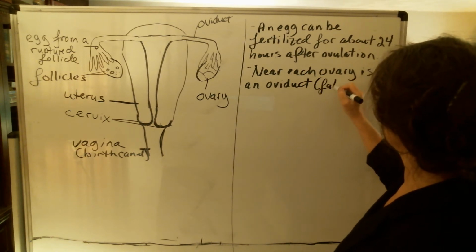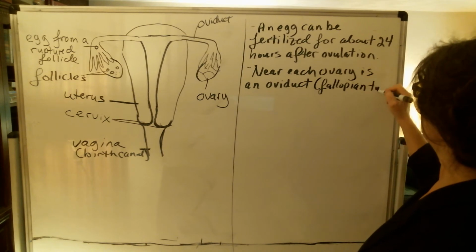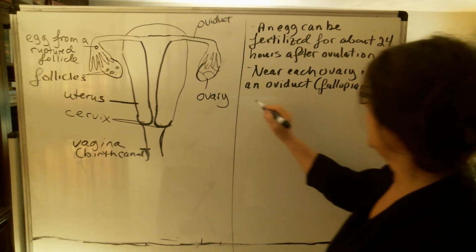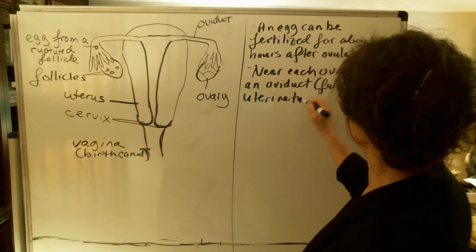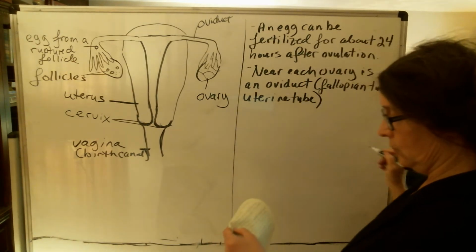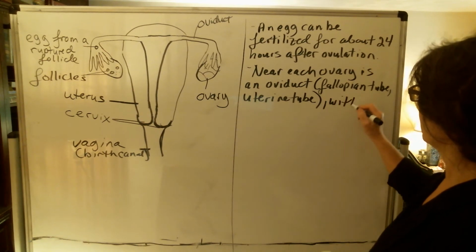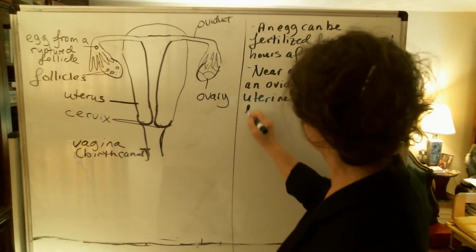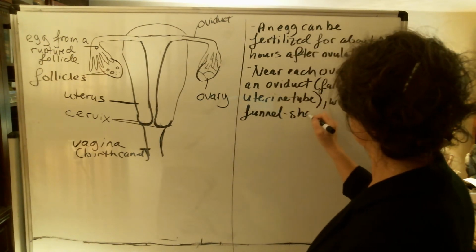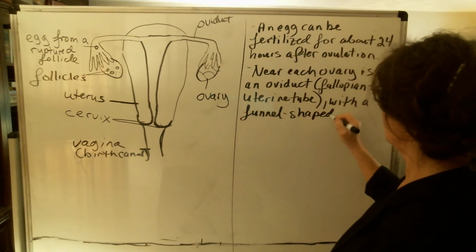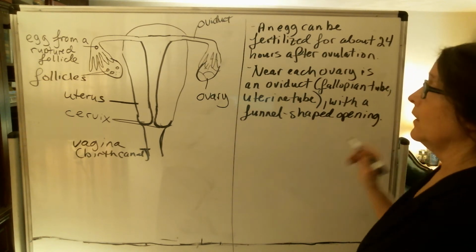Also known as a fallopian tube, sometimes also called a uterine tube. All words for the same thing, with a funnel-shaped opening.